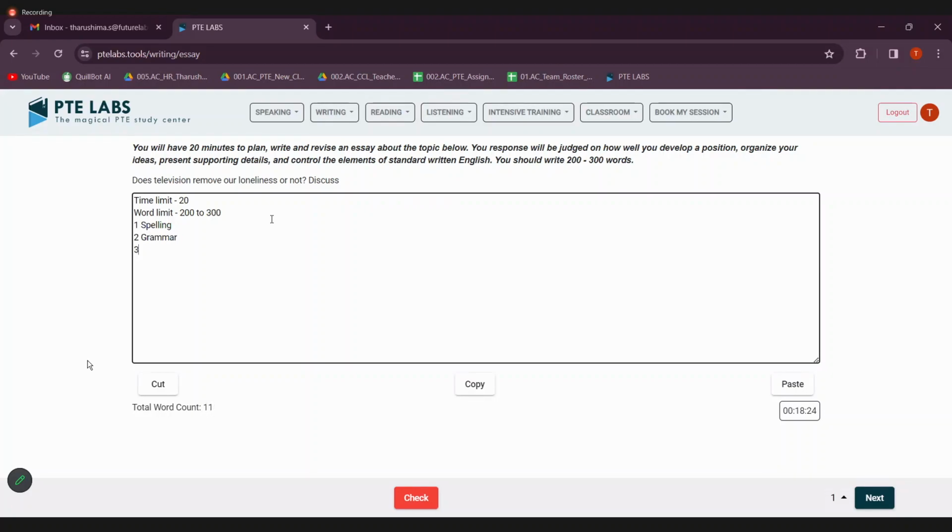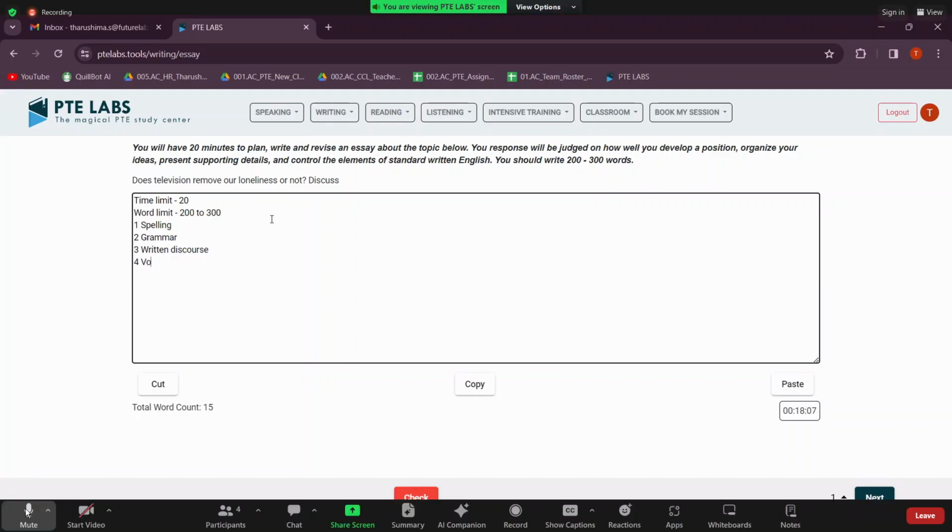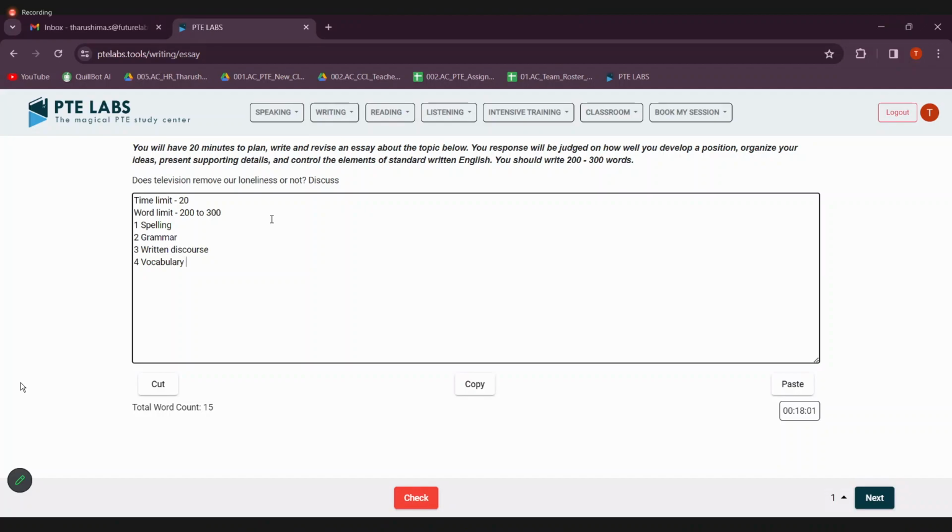Grammar. And the third one? Yes, written discourse. And the vocabulary. Very good. So these are the criteria that you will be judged on.